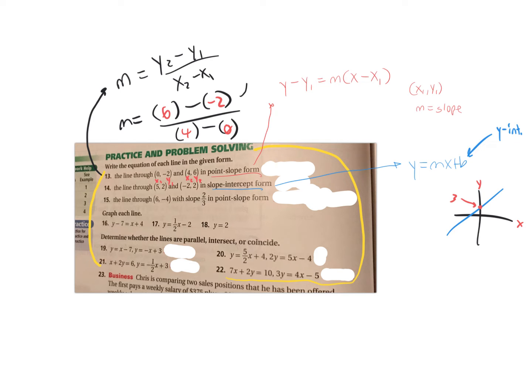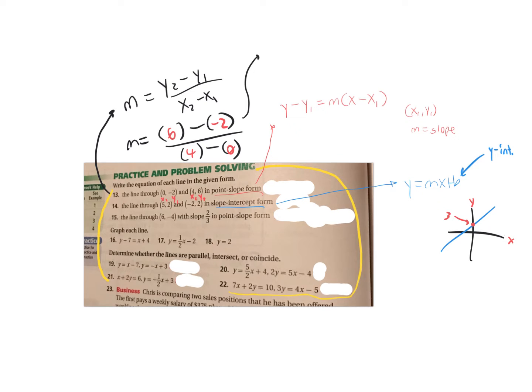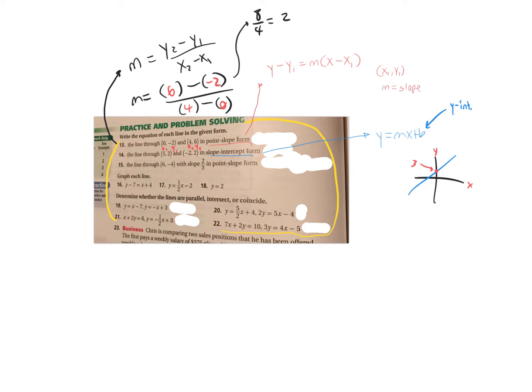That gives us 8 over 4, which reduces to 2. So it turns out that the slope is 2.